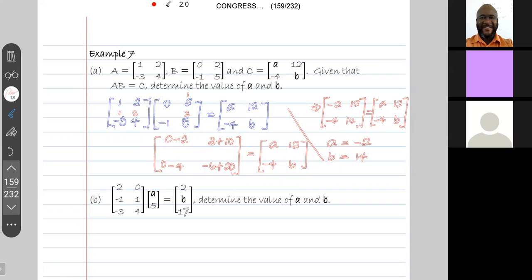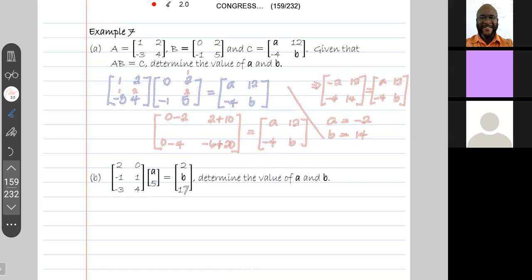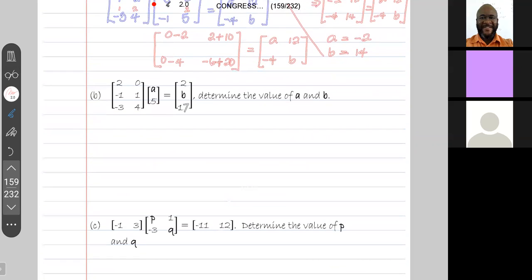And if I multiply a 3x2 matrix by a 2x1 matrix, I should end up with a 3x1 matrix. All right, so let's multiply. We have only one column to multiply, and we have 3 rows. So we're going to multiply the first row by the column.